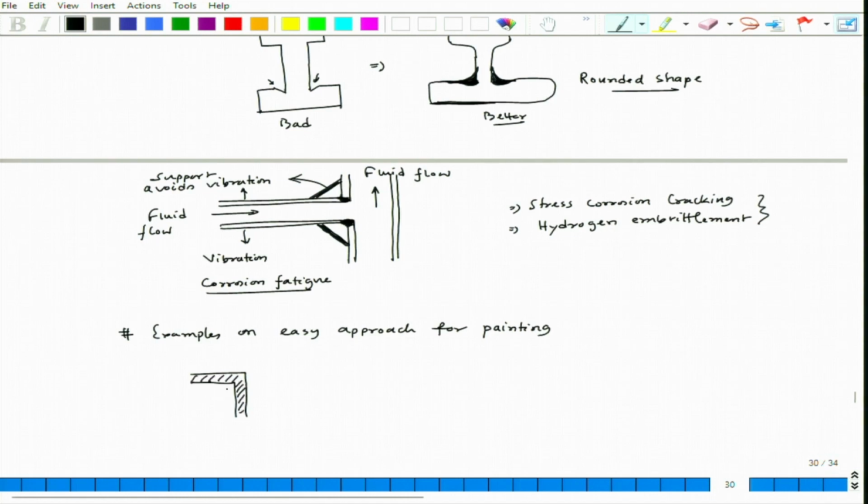When you have this sharp bend, let us say you are doing a spray coating. Flat surface coating would be easy, but when you come to the corner, the coating thickness will be less. So, this is less coating thickness around the corner.